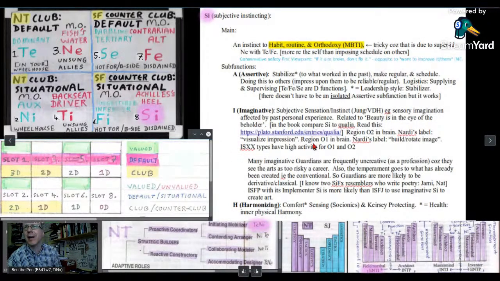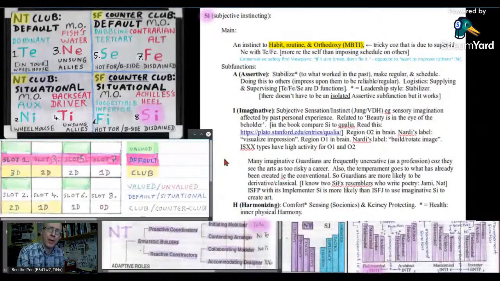Oh yeah, so I have something about the imaginative. Because I once heard something in NLP that some people, when they recall, actually construct the memory, even though they're recalling it, they're constructing it in different pieces. And I wondered, could that be Si binary like ENTJs and ENFJs, where they're actually constructing a recall?